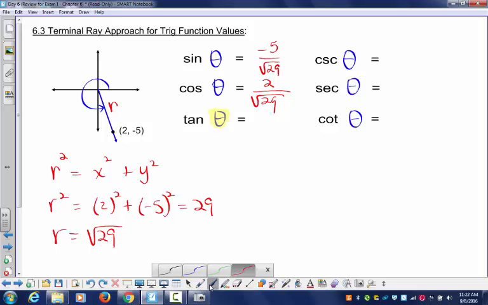So don't forget the division by r. Tangent. Yeah. So we just do y over x. And now for these, we're just going to take the reciprocals. And that'll do it. Good.